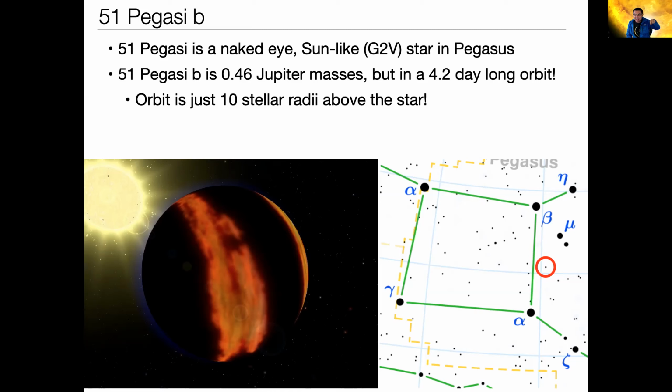It's in an 88-day orbit. So this planet is even closer to 51 Pegasi than Mercury is to the sun because it's only in a 4-day long orbit. In fact, the orbit of this planet is just 10 stellar radii above the surface of the star. It's extraordinarily close.